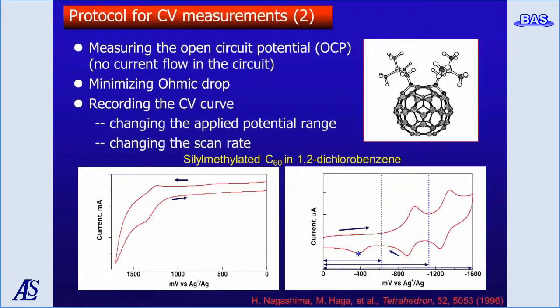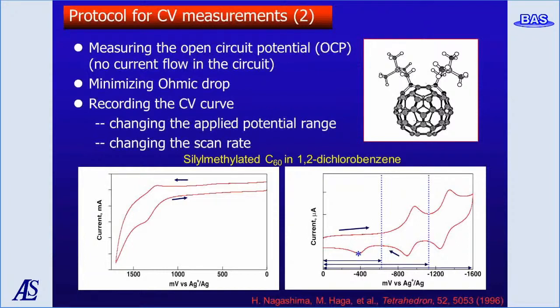In this figure, the CV curve of bis(trimethylsilyl)furalin is shown. On the left-hand side of the CV, the anode peak at 1.3 volt versus Ag+ was observed. On the right-hand side, two reversible cathode peaks and an additional new anode peak around minus 400 mV, as shown by the star marks, were seen.